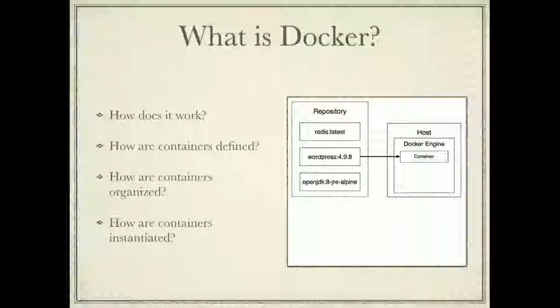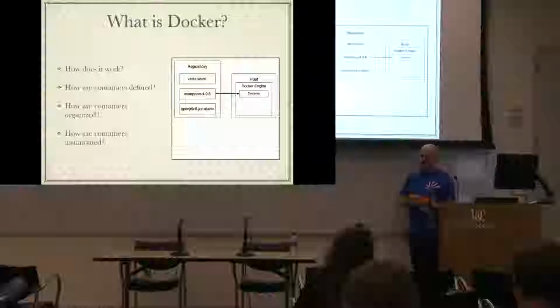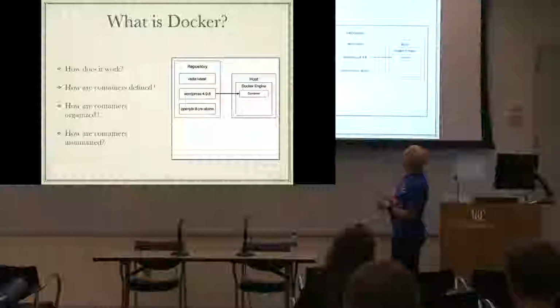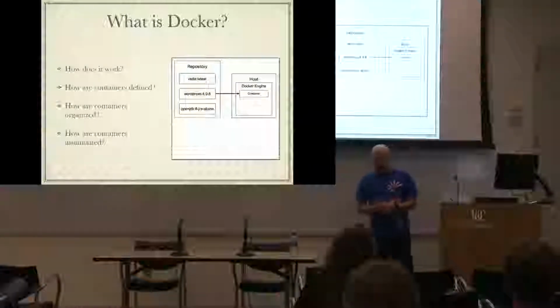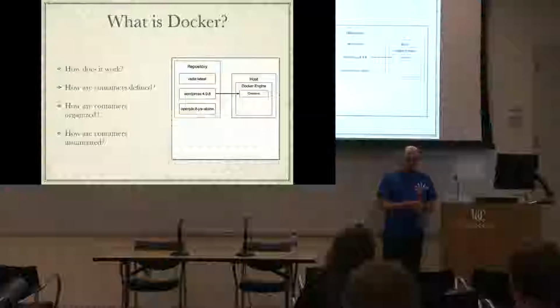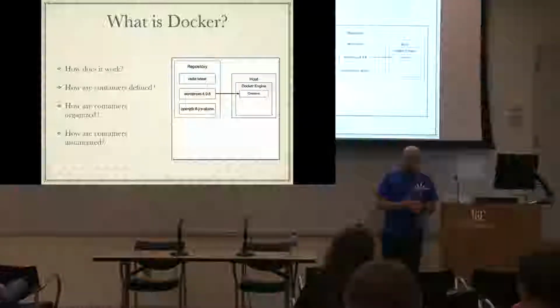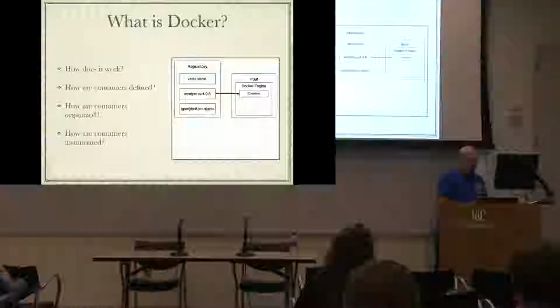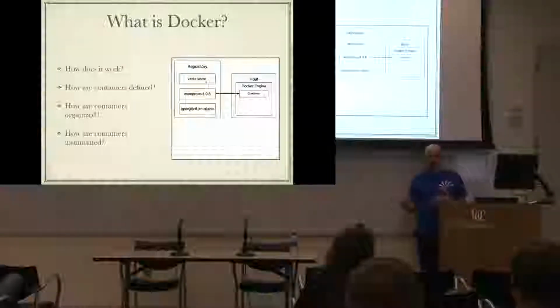Docker images are stored in a Docker repository, and then repositories are stored in registries. I don't have the registry concept on here, but we're not going to be using a registry today anyway. We're just going to be using a repository of local images. And then images are pulled from the repo and instantiated as containers by the Docker engine on the host machine.